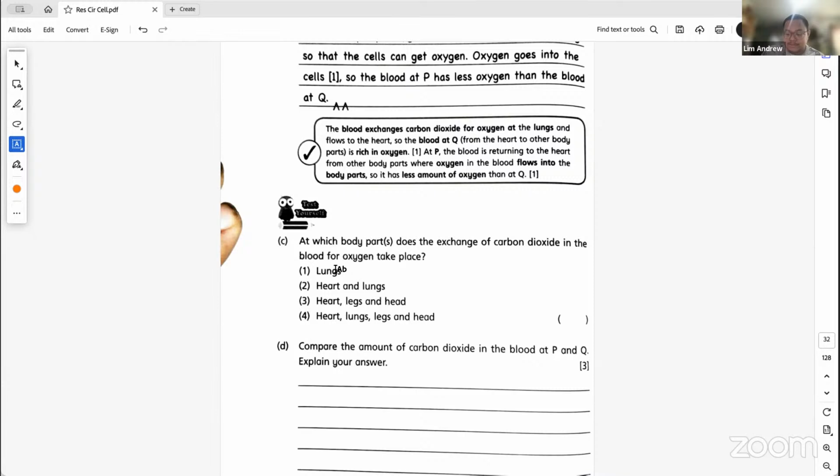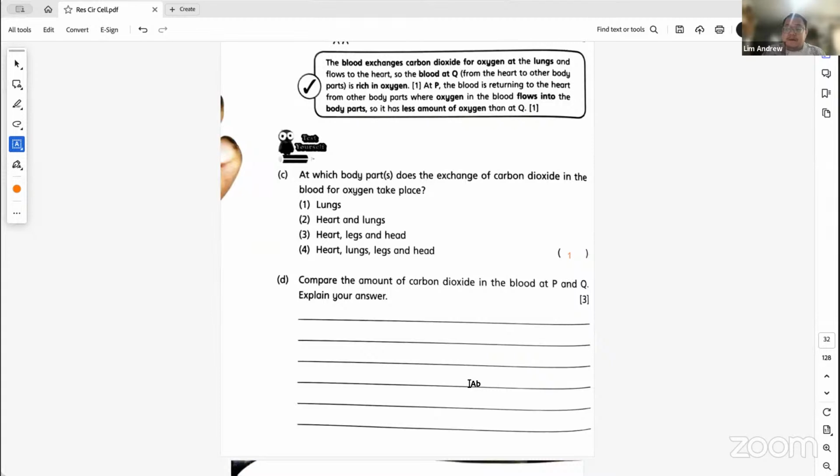During gas exchange, carbon dioxide produced by the body parts moves into the blood and is carried to the heart, then to the lungs to be released to the air. So therefore, for this question C, the answer is lungs.